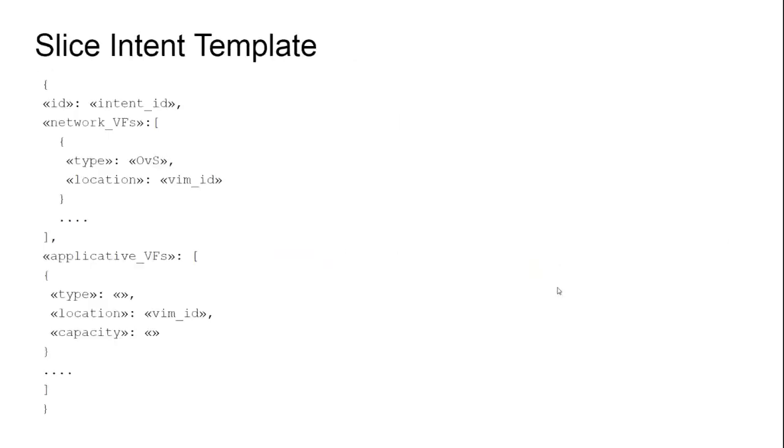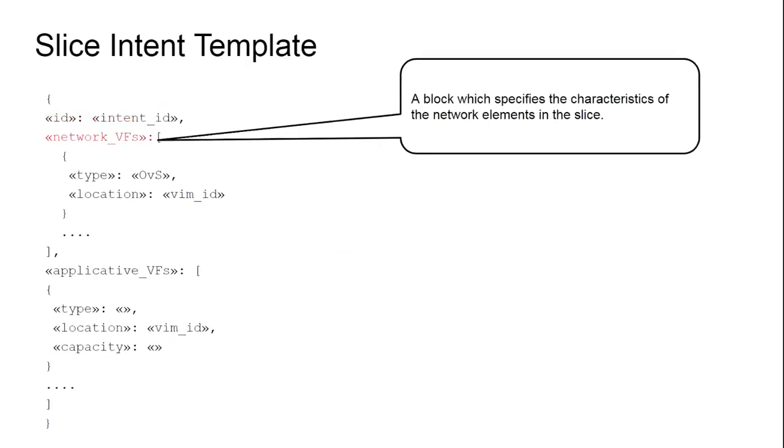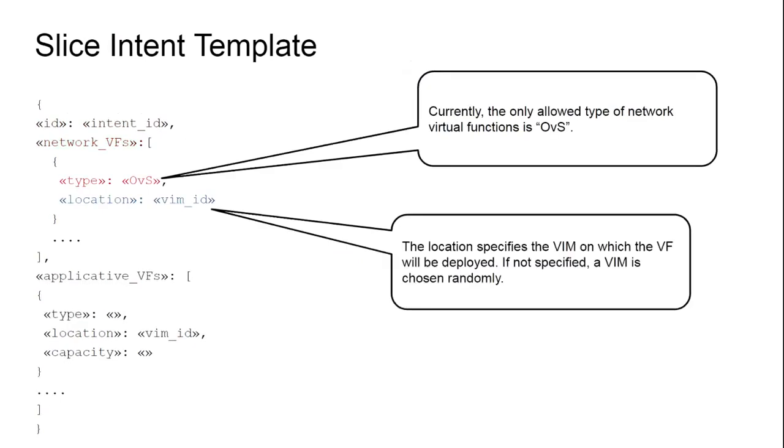Here I show you a template for our slice intent. The intent is mainly composed of an ID, which is used as a unique string to identify the network slice. Then we have a block which identifies the network functions, which are characterized by their type and location.